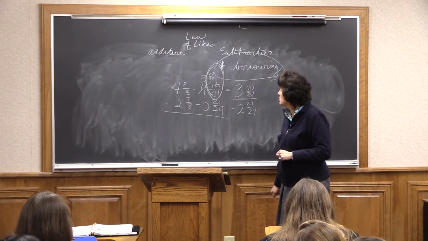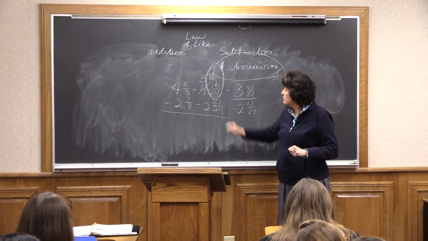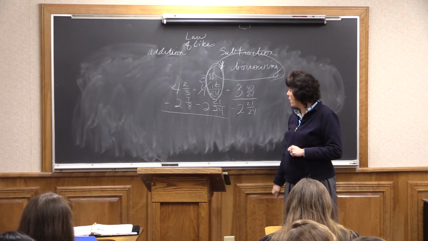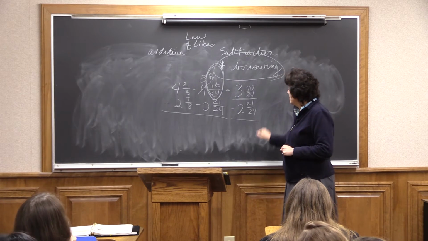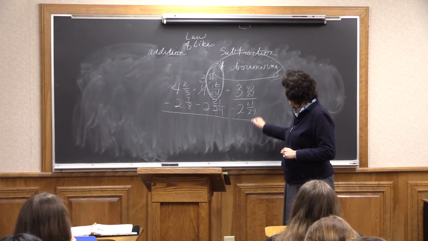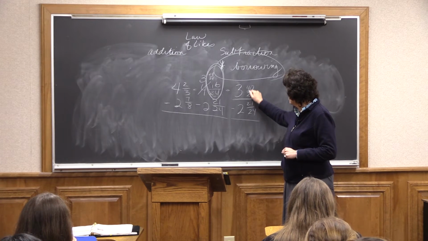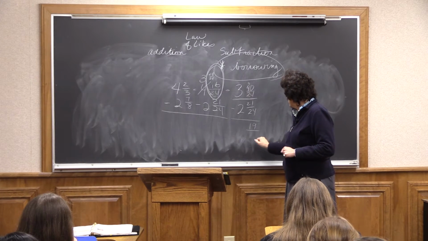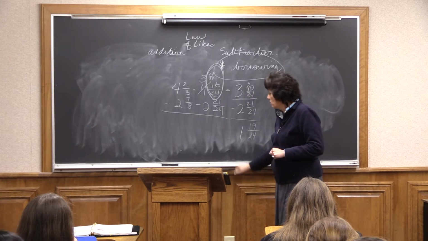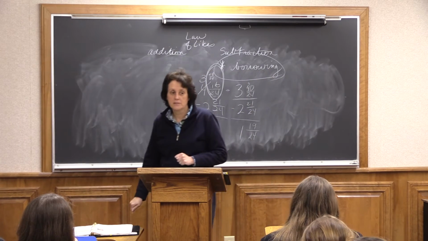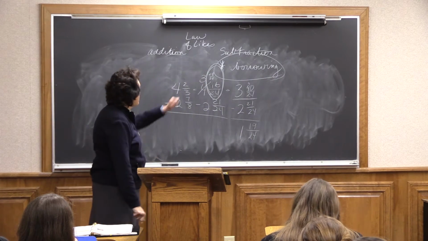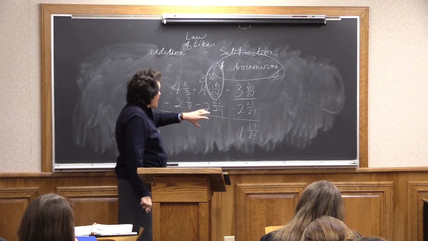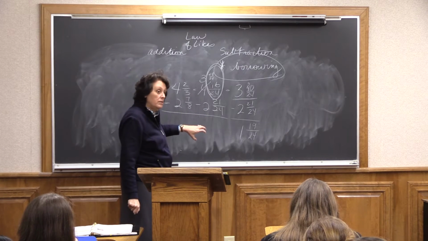So I had 16/24. I added 24 more 24ths that I borrowed from my 4. Here's my finalized subtraction problem. I can do 40 minus 21. So I can do that and get my 19/24, 1 and 19/24. So make sure you remember the logistics of how to borrow.